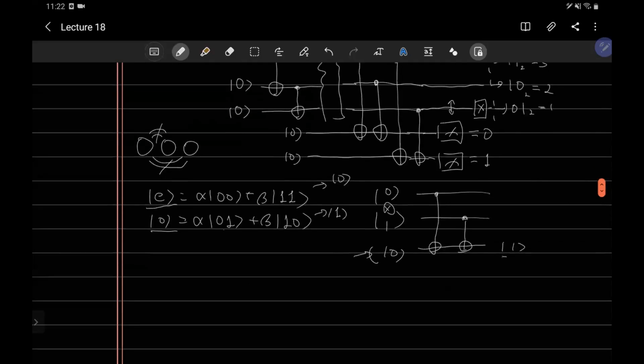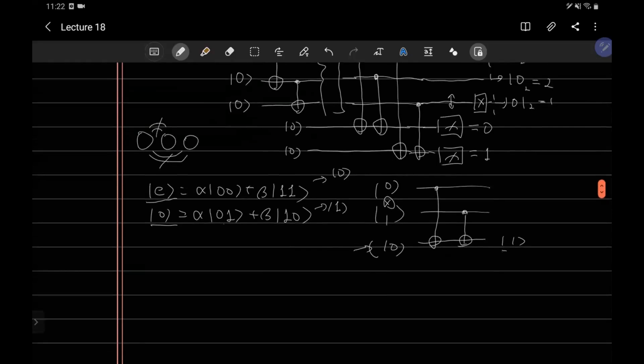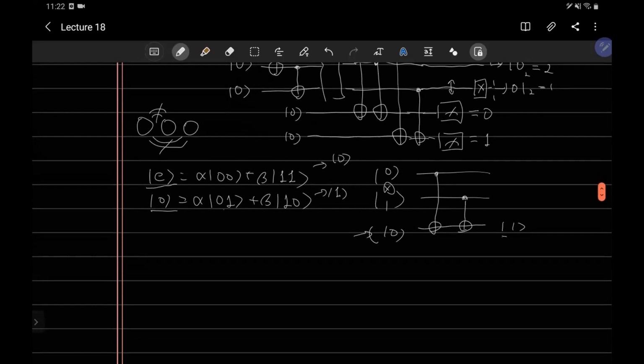So let's say that among the three qubits, the first qubit might be flipping, but not always. Something like 0 will flip with a very small probability, like epsilon, and in the rest of the cases it will still remain as 0.